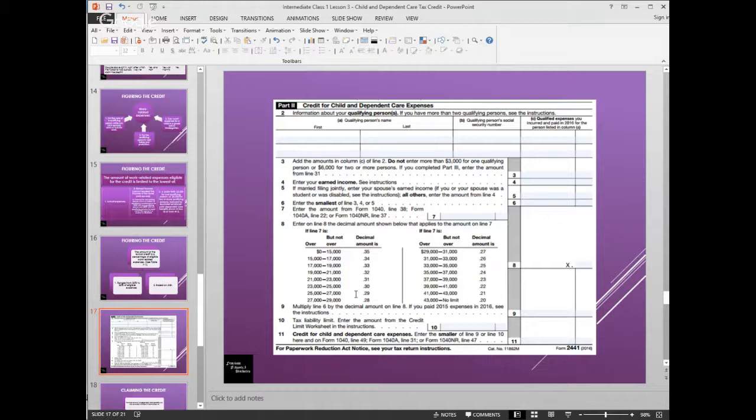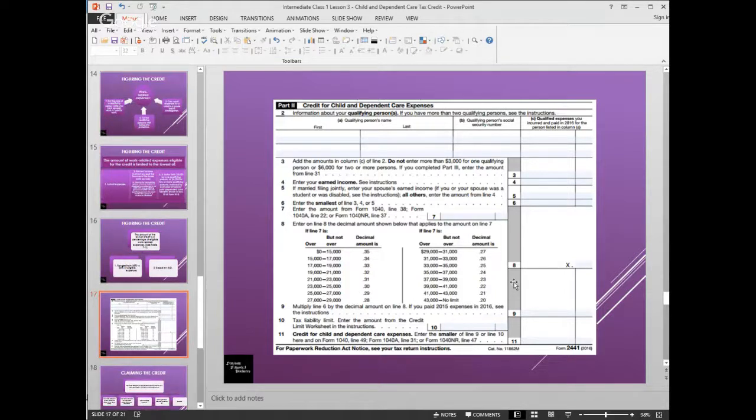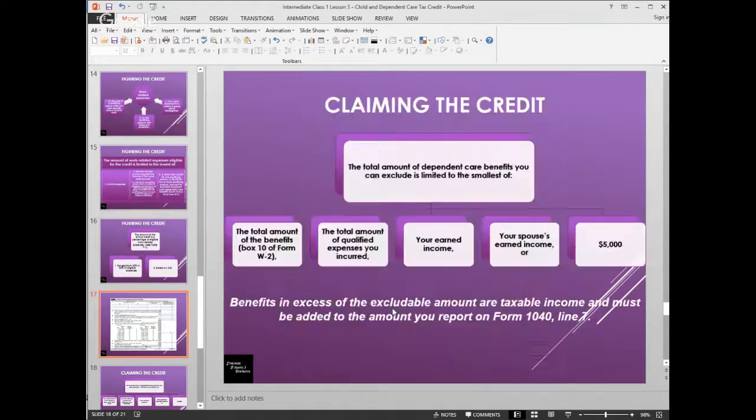So this is what that section of the Form 2441 looks like, where you would look up the individual's adjusted gross income, and here you can see if they made up to but not over $15,000, it would be 35%, and there is no limit on this particular credit. So if they earned over $43,000, it would be a 20% credit.